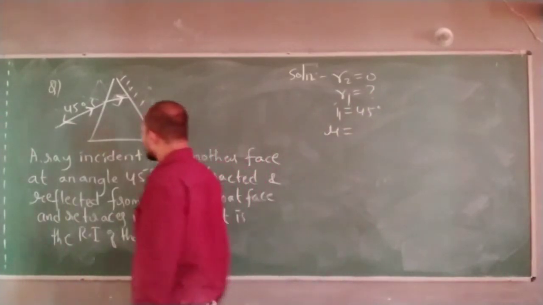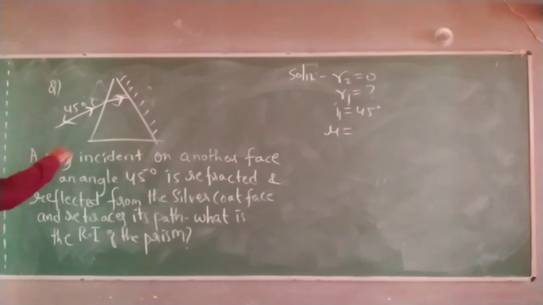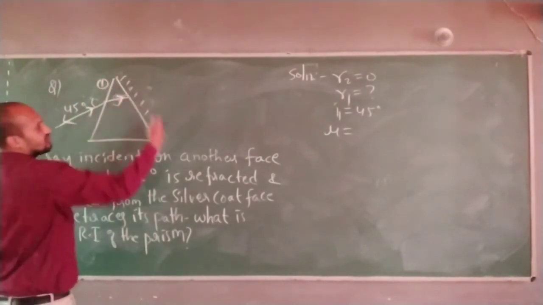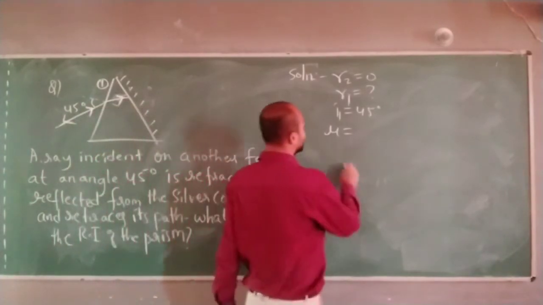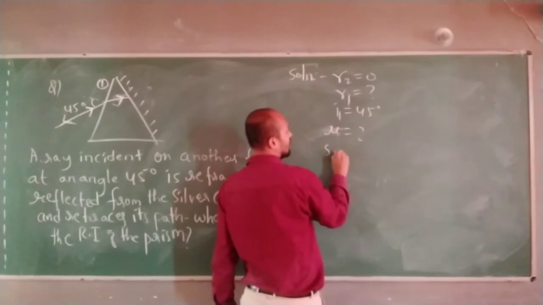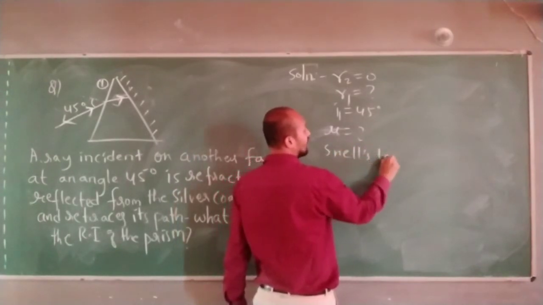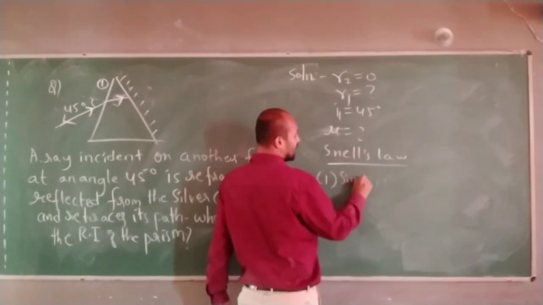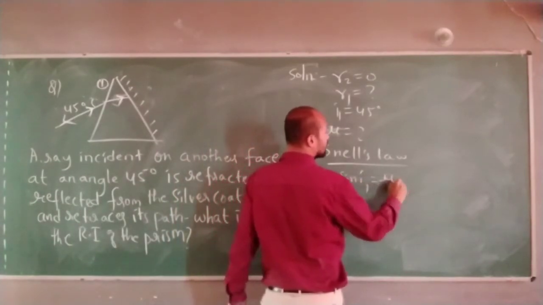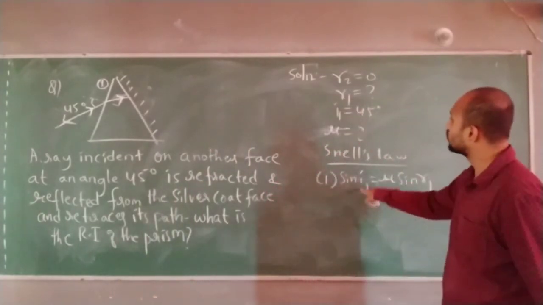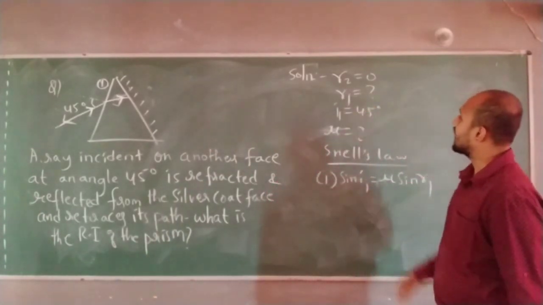What is he asking? Refractive index. So to find refractive index, let us take this is surface 1. Obviously on the other surface there is no refraction. So by Snell's law, I need to find mu. Snell's law, I can write 1 into sine I1 will be equal to mu into sine R1. I don't know R1, but I do know I1. So I can find R1.